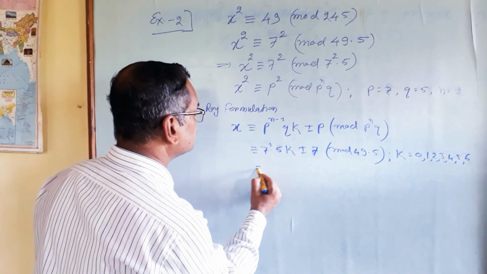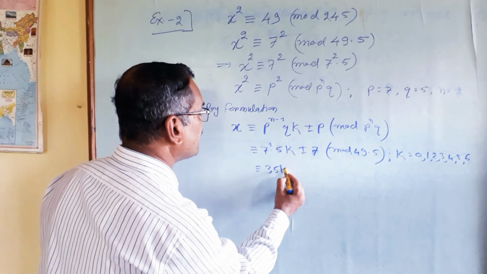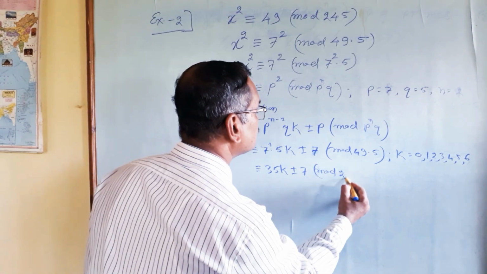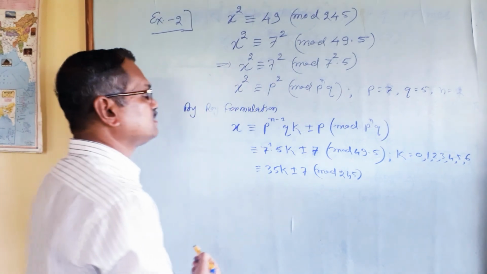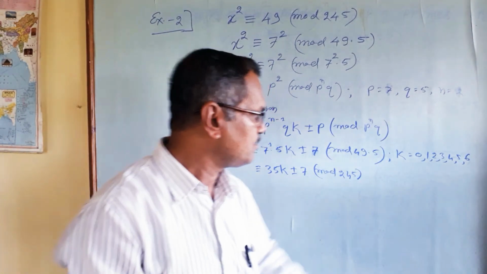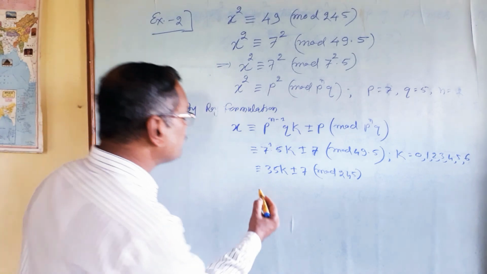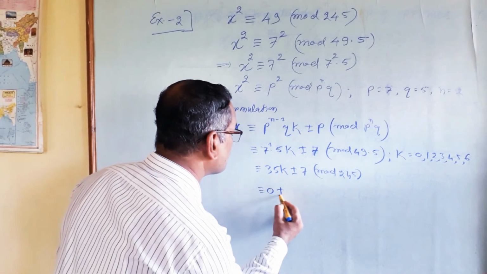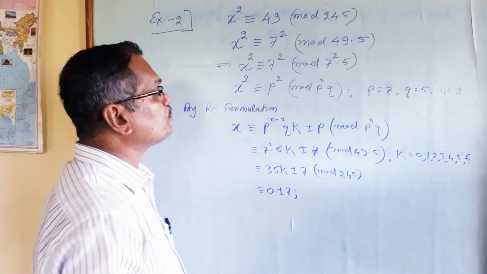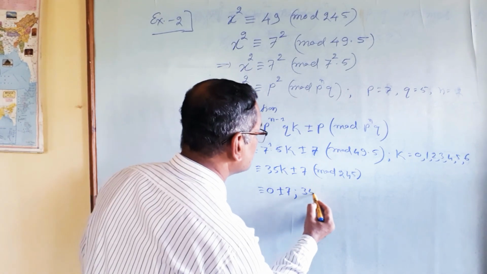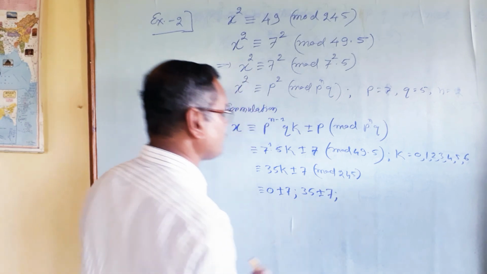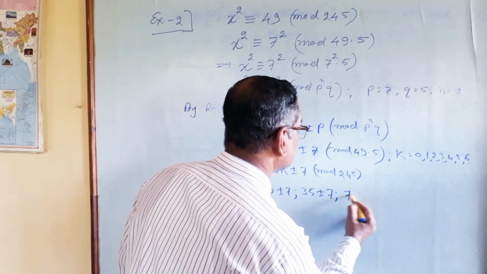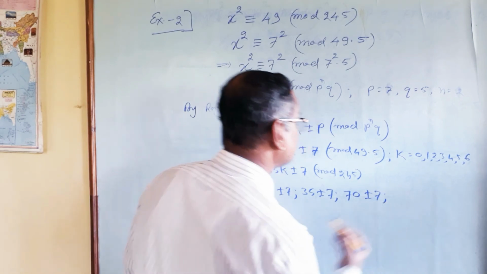So we get, that is 35k plus minus 7 mod 245. Now one by one put the values of k from 0 to 6. Now if we put k equal to 0, it will be 0 plus minus 7. If we put k equal to 1, it will be 35 plus minus 7. Then for k equal to 2, 35 double is 70 plus minus 7.